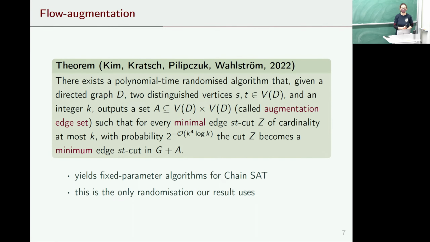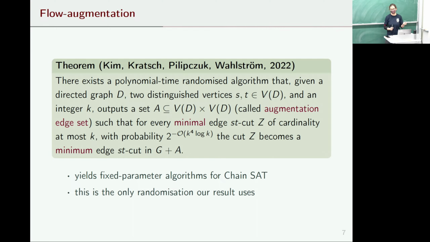Okay, so flow augmentation, that was the next step along the line. This is a major result by Kim, Kratsch, Pilipczuk and Wahlström from last year. They give a polynomial time randomized algorithm that finds a set of edges that I can add to my graph, such that every minimal cut becomes a minimum cut between one starting vertex and one end vertex.